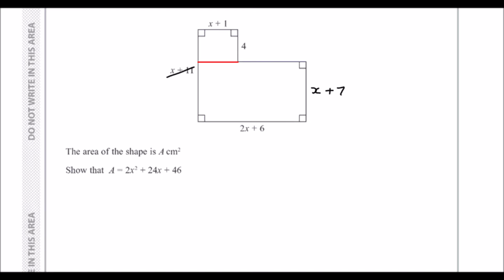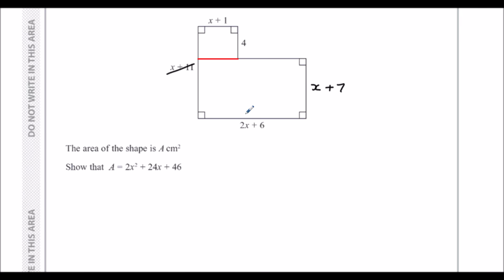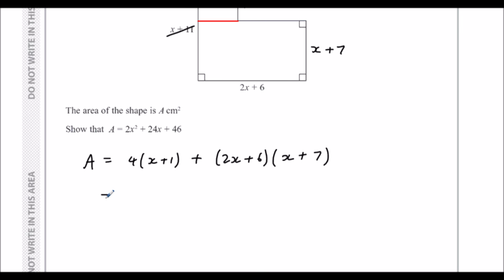So then we'll find the area. So it's the area of one rectangle plus the area of the other rectangle. So we've got 4 times x plus 1, and we've got 2x plus 6 times x plus 7.